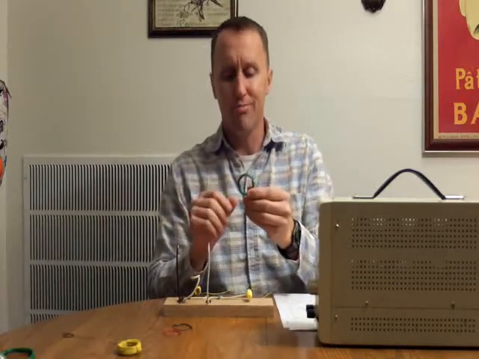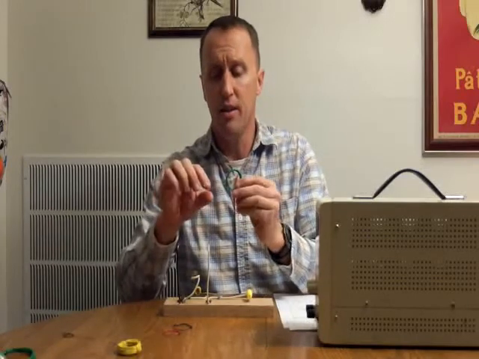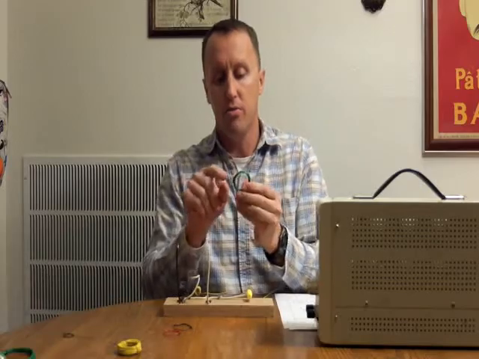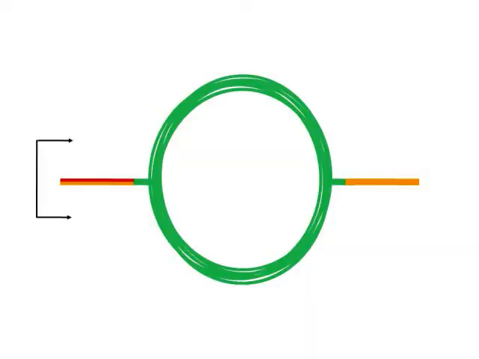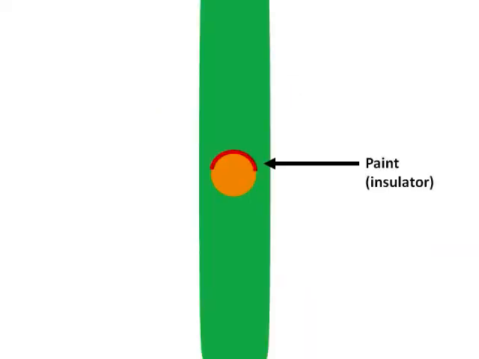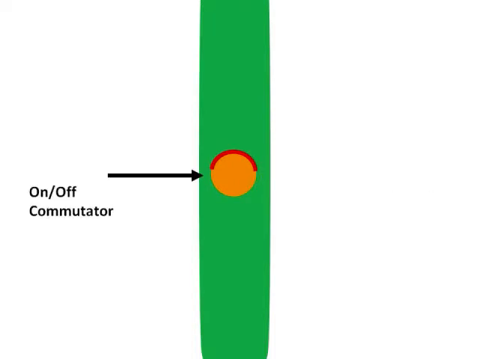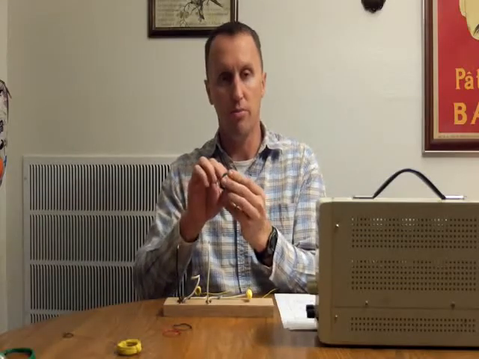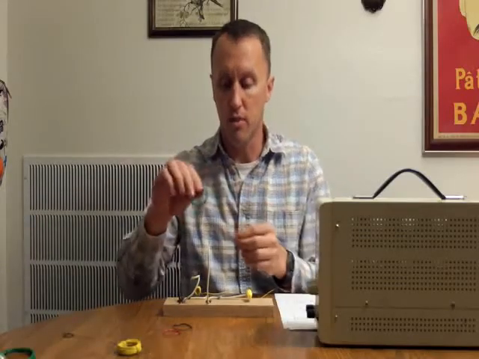To create a commutator effect, I painted one side through about 180 degrees of the copper conductor, so that the other 180 degrees is still exposed copper. And then on the other side, I didn't put any paint, it's all copper.